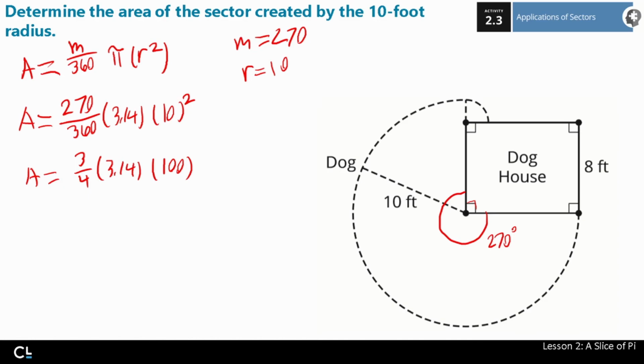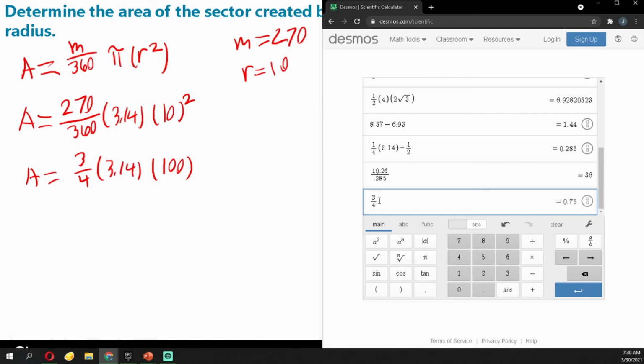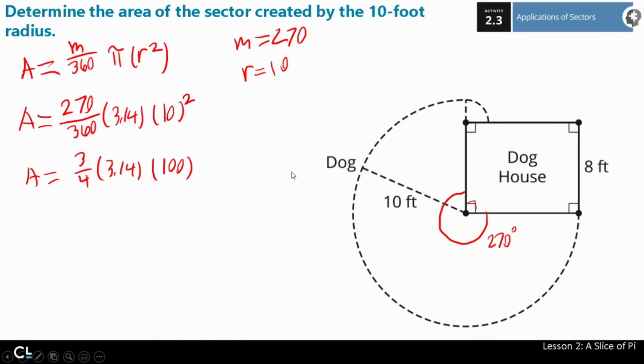And now we just plug this into our calculator again. So once again, we do 3 divided by 4. Make sure we click outside of that fraction. Open parenthesis, 3.14, close parenthesis. Open parenthesis, 100, close parenthesis. We click enter and we have our answer. 235.5 is our answer.